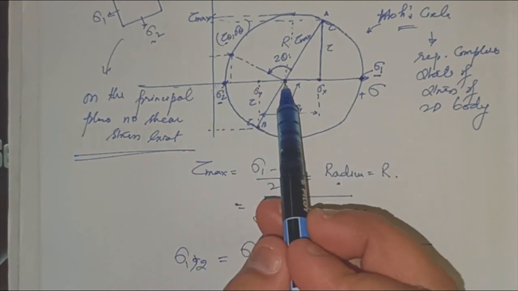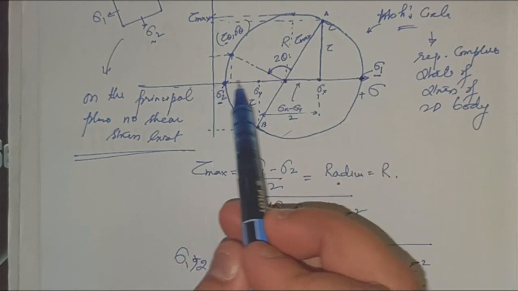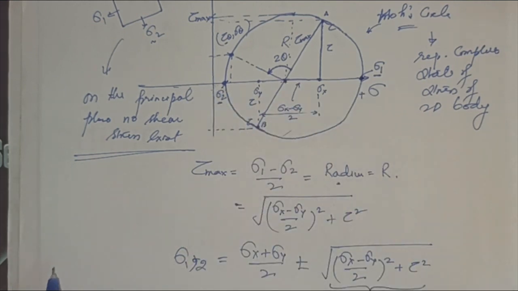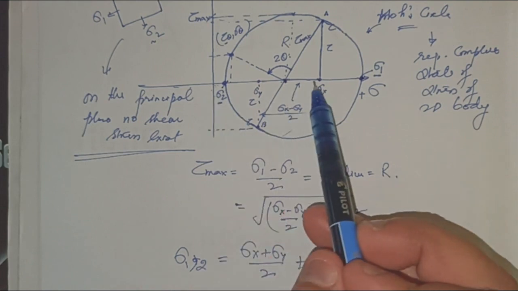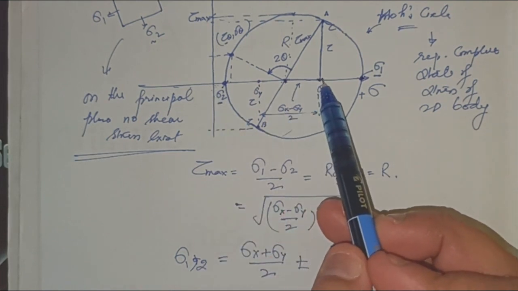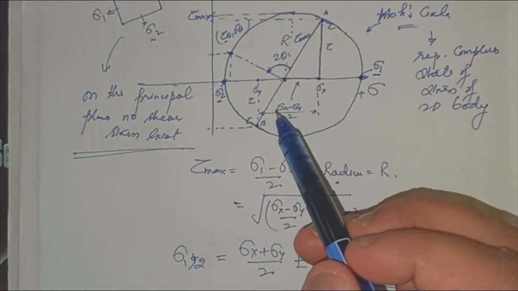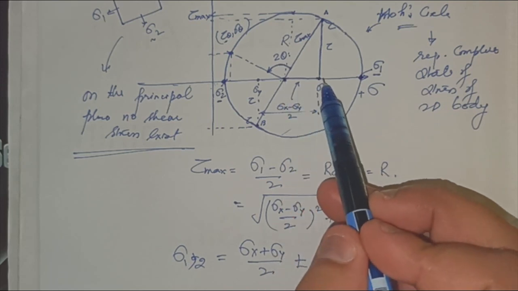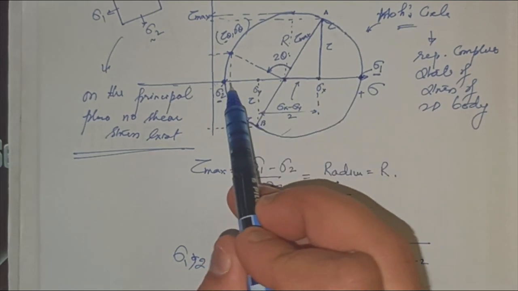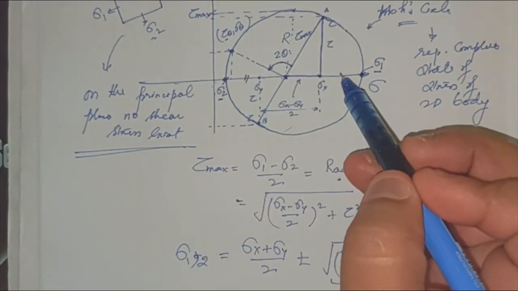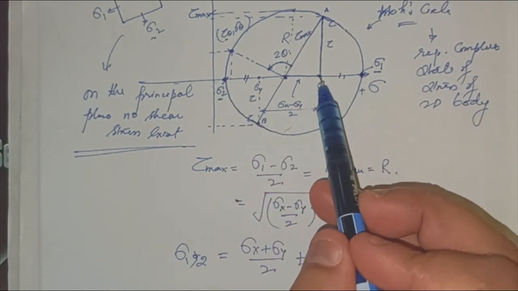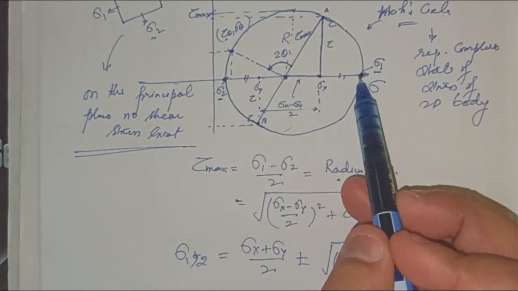And this part is known. Now what will be this whole part? This whole part is sigma x, and this part is sigma y, because this part and this part are the same.